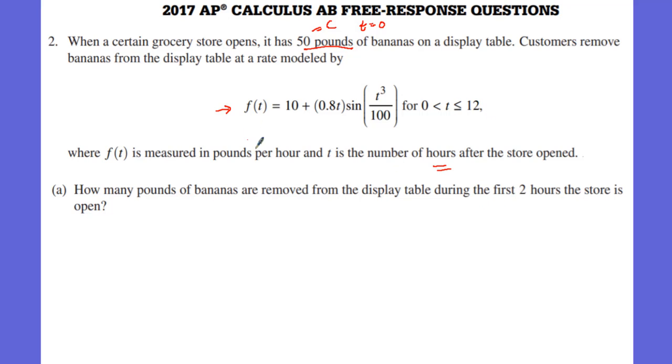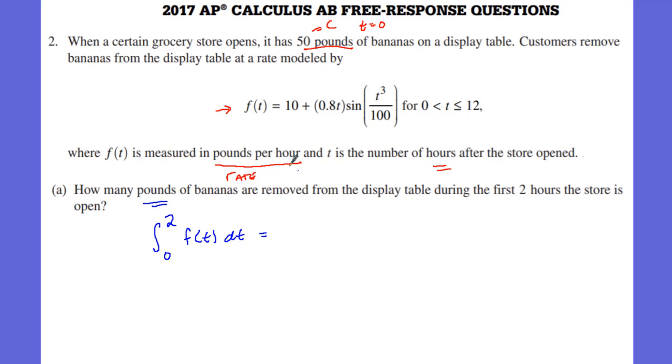So f of t is measured in pounds per hour. Remember, the units really help you out. That is a rate, isn't it? And we want to know how many pounds. We're looking for a quantity, so we're going to take the integral, but we only want the first 2 hours of the store. So we're going from 0 to 2 of f of t dt.